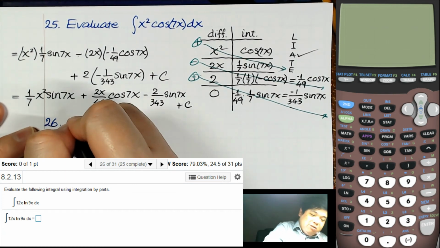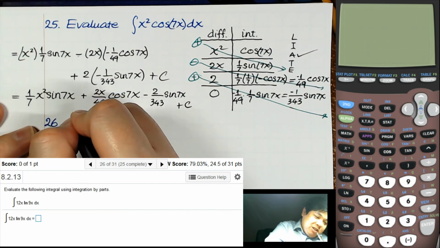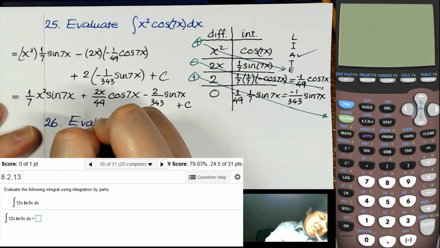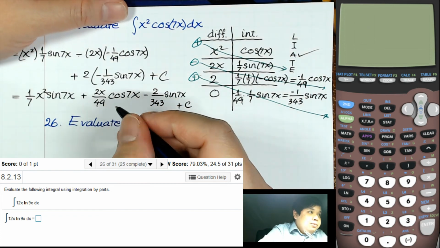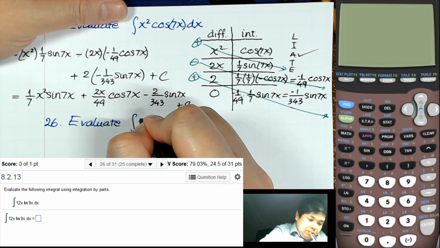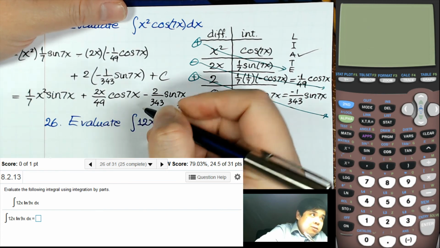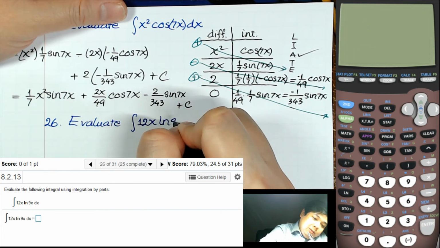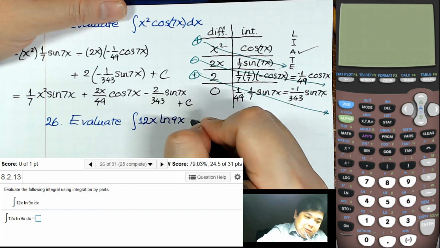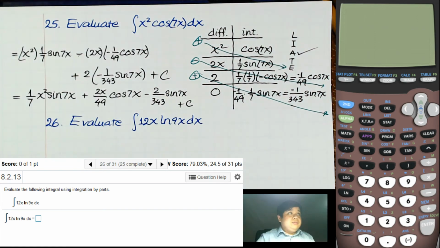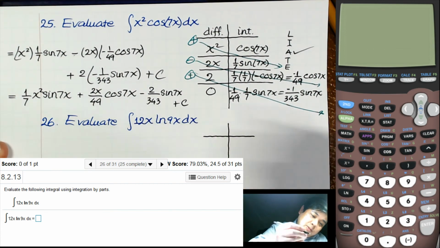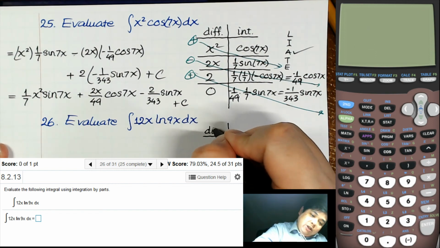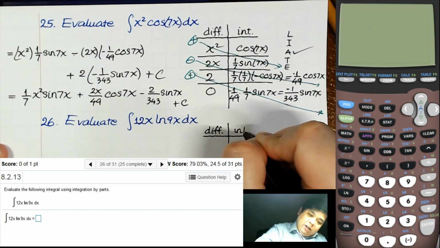How many of these do we have? Also integration by parts. Differentiated and integrated.